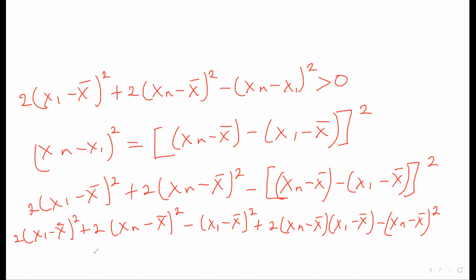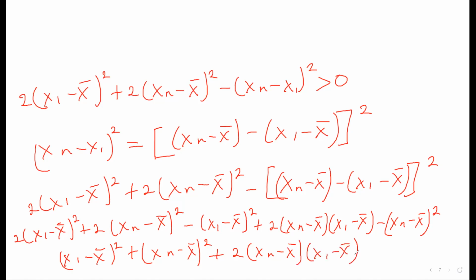So now I'm left with (x1 minus x bar) squared plus (xn minus x bar) squared, that is one of this, plus the whole of this guy, 2(xn minus x bar)(x1 minus x bar), right?